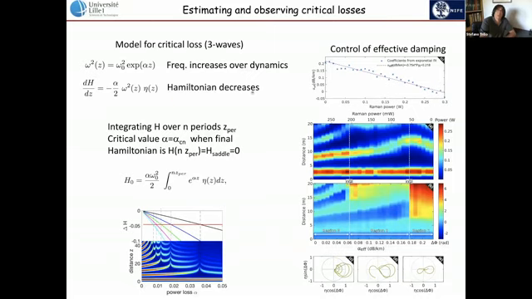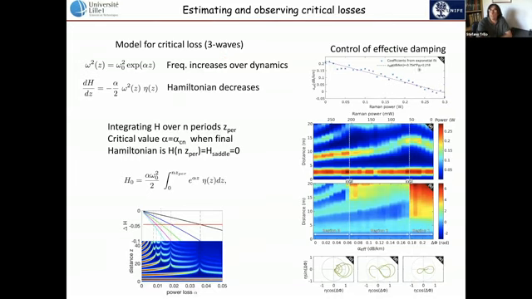The Hamiltonian decreases. And you can simply integrate this equation and have an integral relation that allows you to detect this critical alpha. Of course, this is based on the 3 waves, so there is, to be honest, some discrepancy with the value that we find in the nonlinear Schrodinger equation.